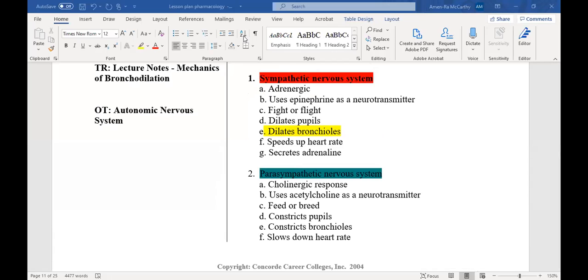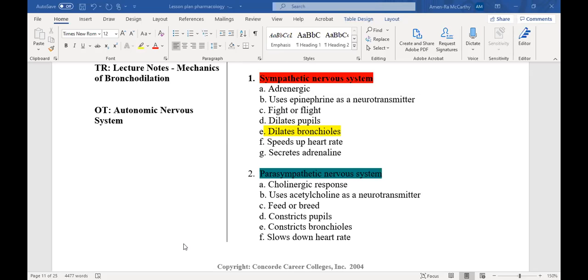Now, I'm gonna ask some questions so you can tell me which one do we go to. All right, let me see who's all here. All right, Miss Rose, you with me? Yes. What nervous system causes the heart rate to go up? Just tell me which nervous system. Sympathetic. Okay, good. Miss Scott, which nervous system uses acetylcholine as the neurotransmitter?